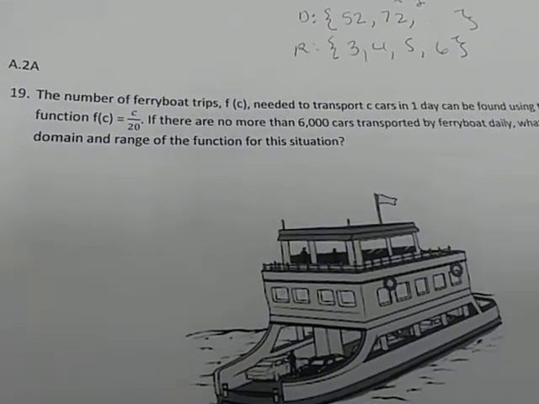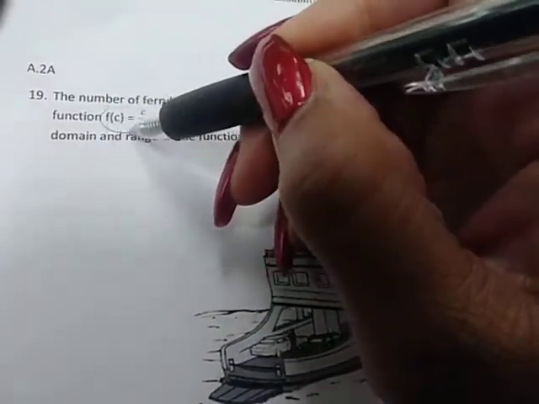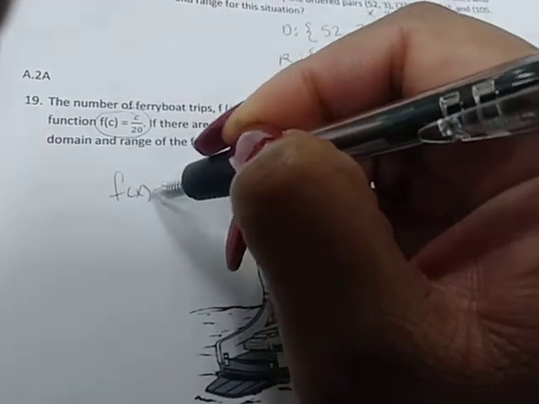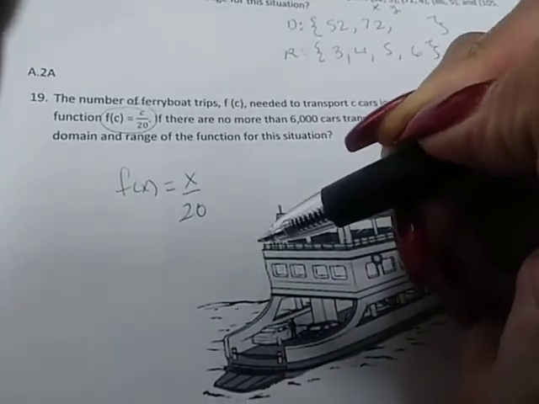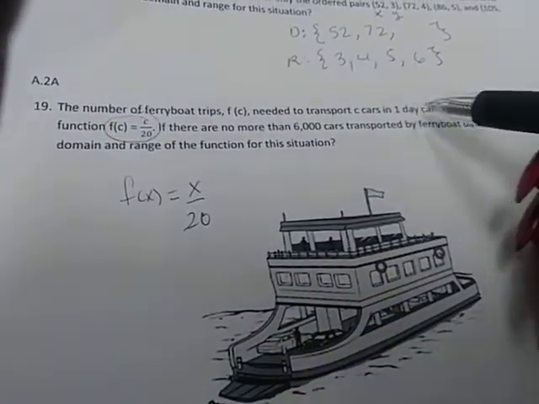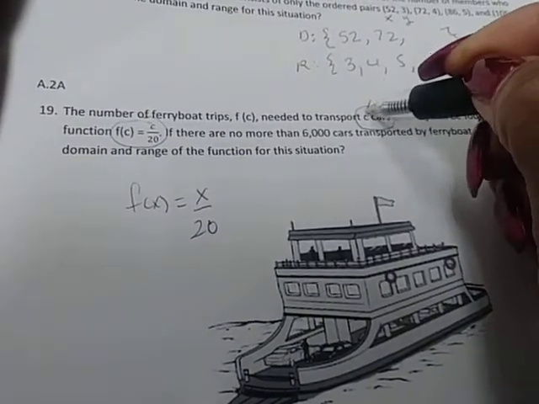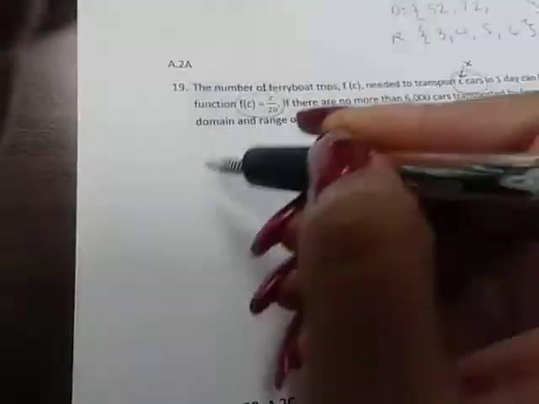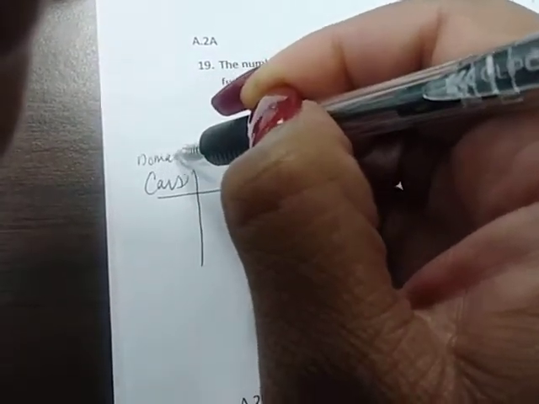I need the domain and range. Okay, look. There is the function. So let's write f of x equals x over 20 instead of f of c. That means right here, it's telling you that x, the domain, would be cars.